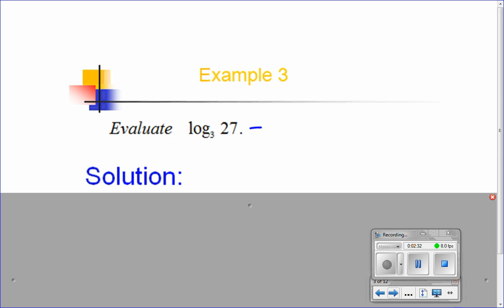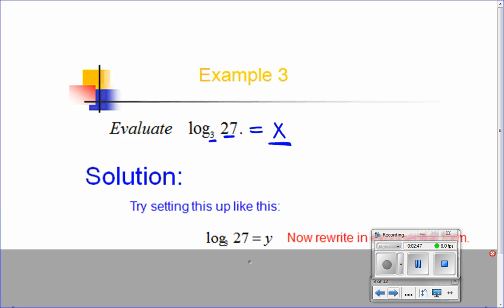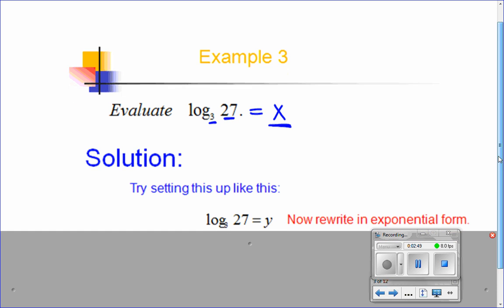Okay, so we can set this equal to x, and we've got our base equal to 3, so 3 to the power of x is going to be equal to 27 if we rewrite this in exponential form.